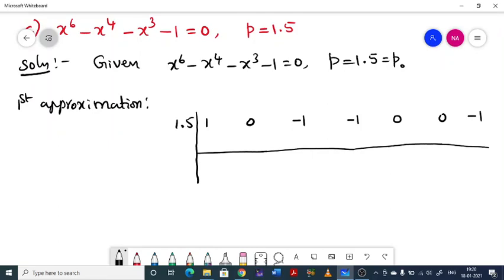So 1, 0, minus 1, minus 1, 0, 0, minus 1. Now considering this 1.5, this you can carry as it is.